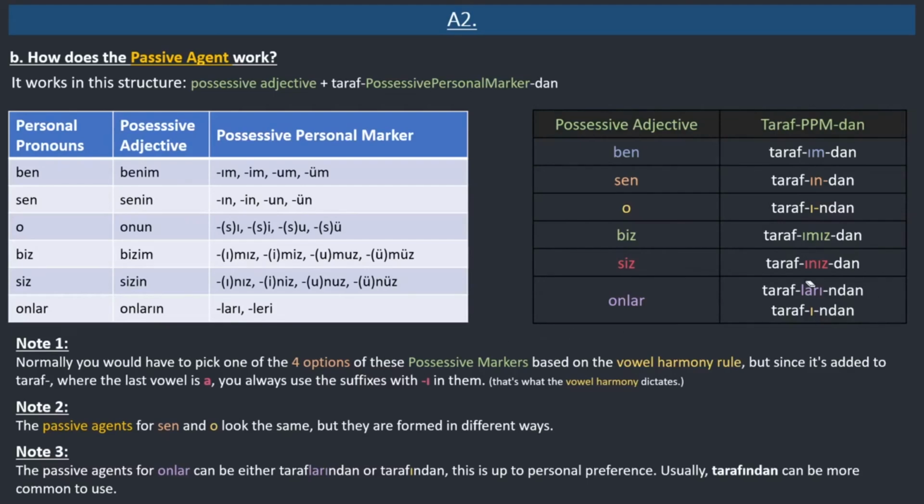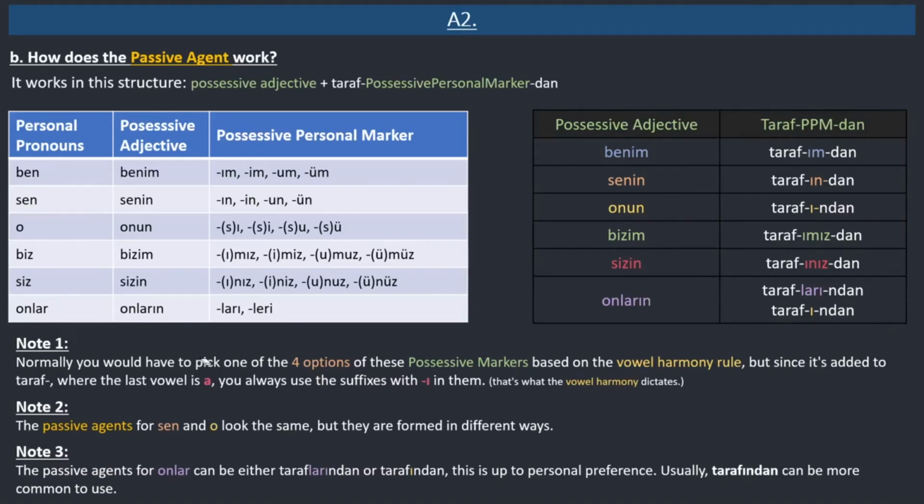There's nothing wrong with using onların taraflarından, but if you're talking to a friend, you can say tarafından. Okay, so actually, I realize this should be benim, just a little correction. Benim, senin, onun, bizim, sizin, onların.